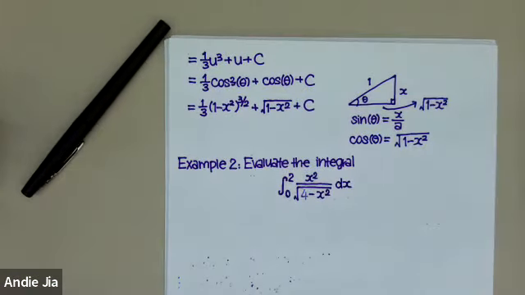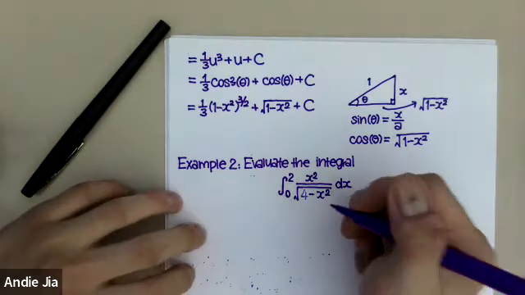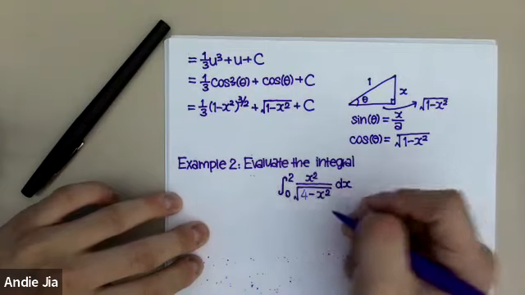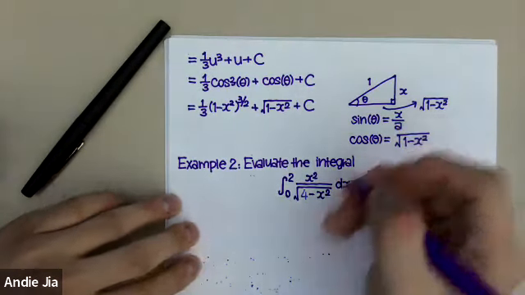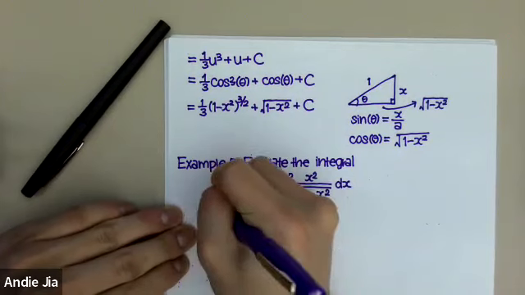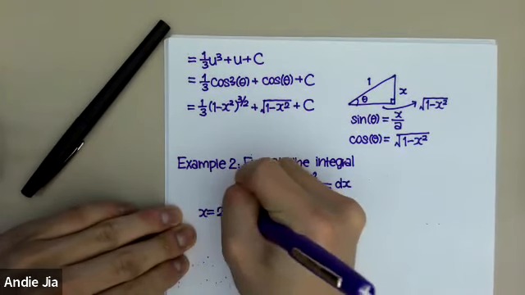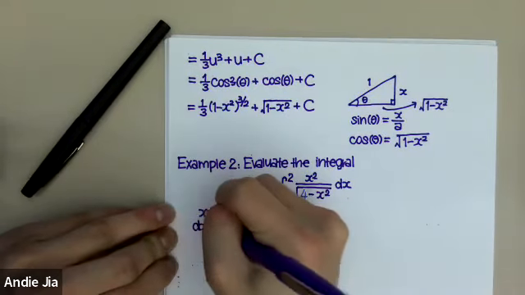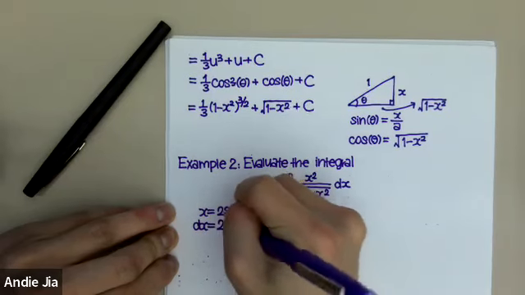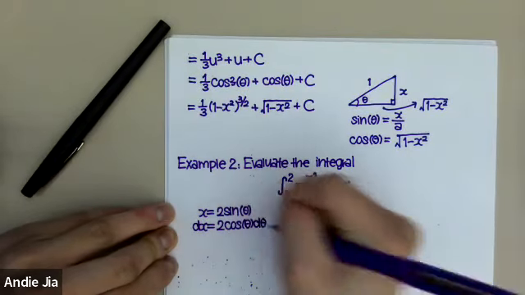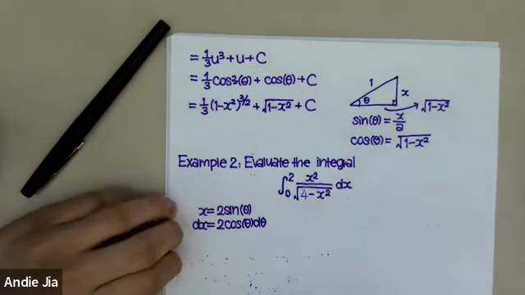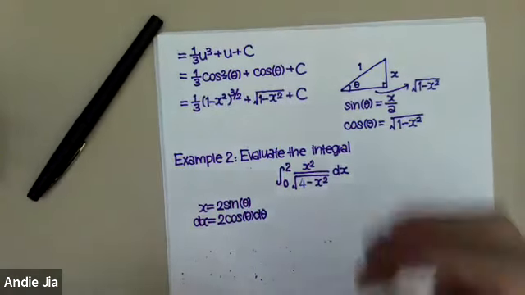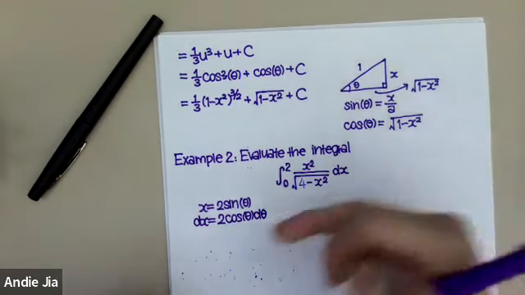Okay. It's still the trick sub. If you use u-sub, that's not going to work. So a equals 2, because 2 squared is 4, so we let x equal 2 sine of theta, then dx is 2 cosine of theta d theta.